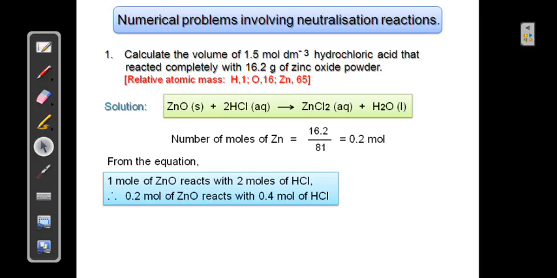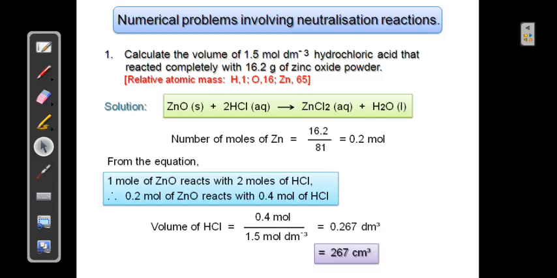So the volume of HCl is equal to 0.4 mole over 1.5 mole per cubic decimeter, meaning the volume of HCl is actually 0.267 cubic decimeter. And how much is 0.267 cubic decimeter? Well, it's actually 267 cubic centimeter.